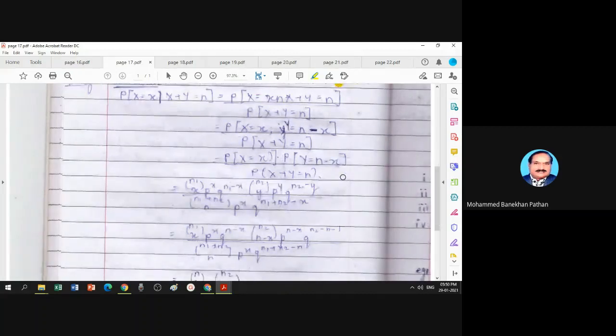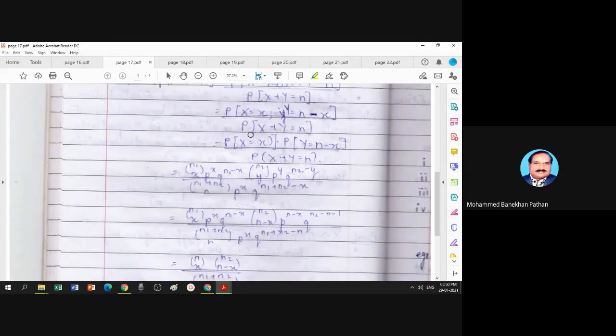This I can do. X plus Y equal to n, but what is X? X is taking a fixed value small x, so put it here. This will be transferred to the right, so Y equal to n minus x. X, Y are independent, so the joint probability returns separate probabilities under independence.